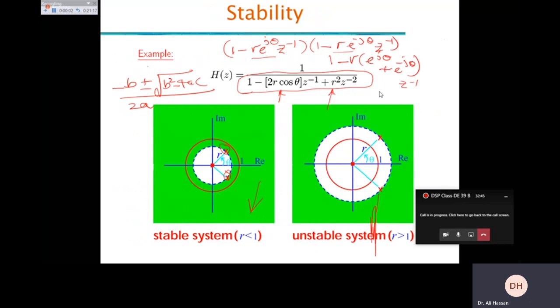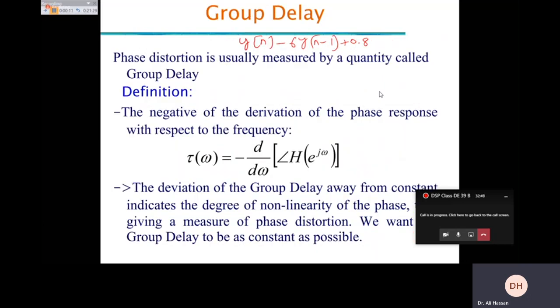I need not even plot, because I know this is r square of the transfer function.